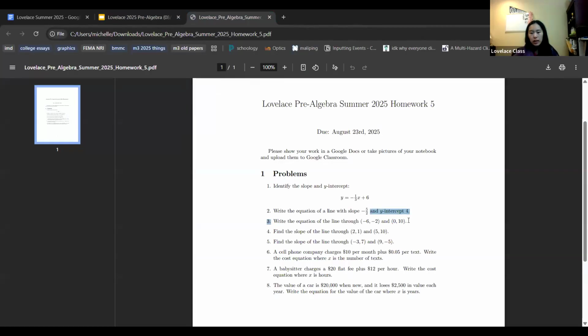For problem 3, it says write the equation of the line through the points negative 6, negative 2 and 0, 10. How you want to do this is first find the slope. We can tell that the y-intercept is 10 because this point is 0, 10, so when x equals 0, y equals 10, and that's the definition of the y-intercept. So we already know the y-intercept is 10, and we only need to find the slope.